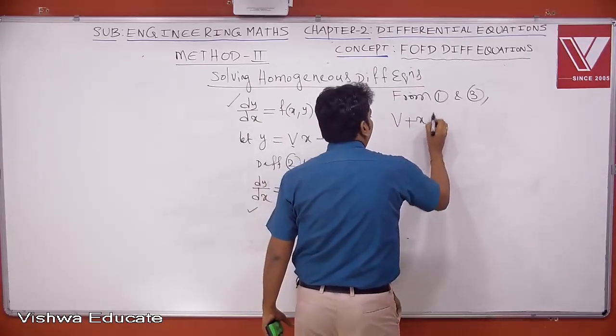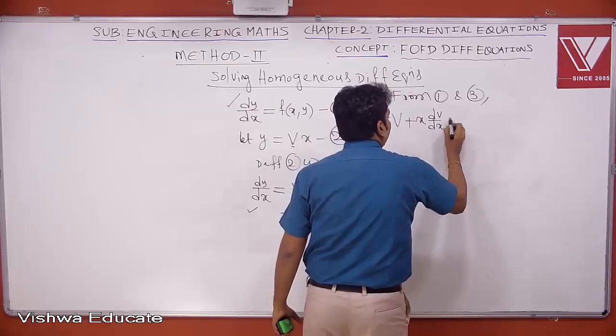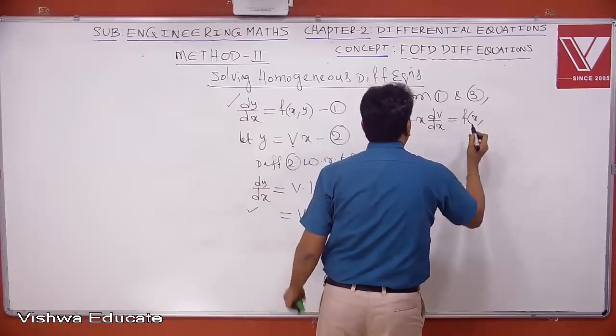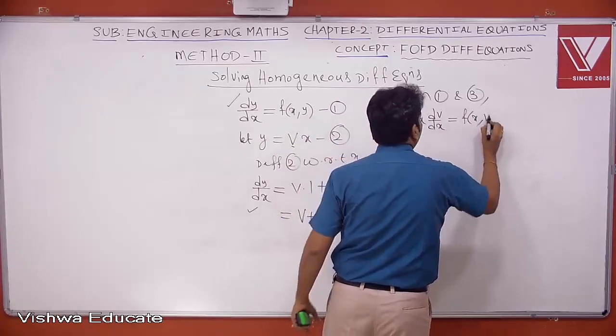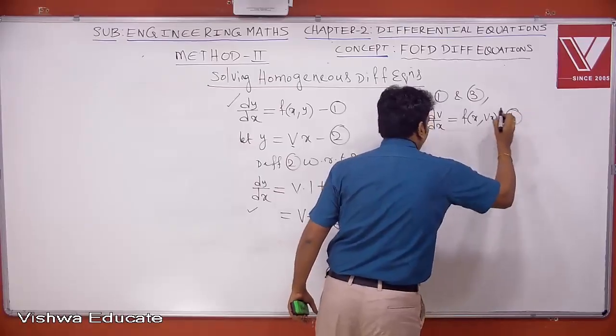So this is v plus x into dv by dx. Call it equation number 3. In equation 1 we have dy by dx, and in equation 3 also we have dy by dx. Therefore, from 1 and 3, in place of dy by dx we write v plus x into dv by dx, equal to f of x comma vx, where y is replaced by vx. Now this is equation 4.